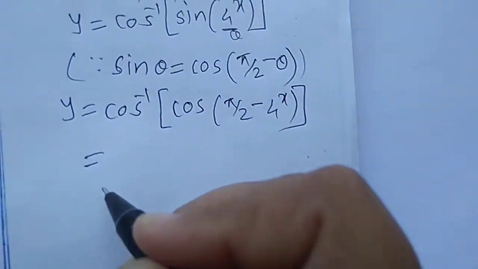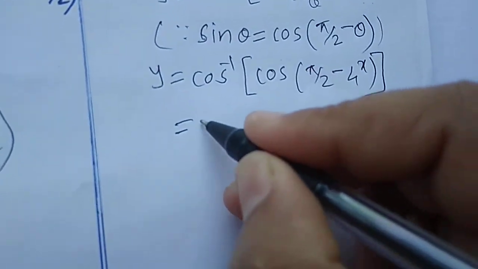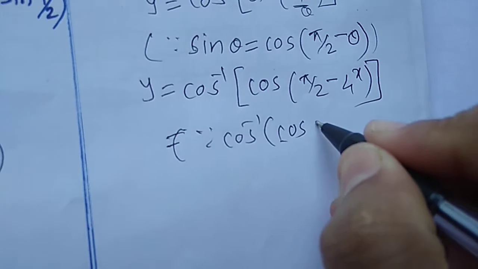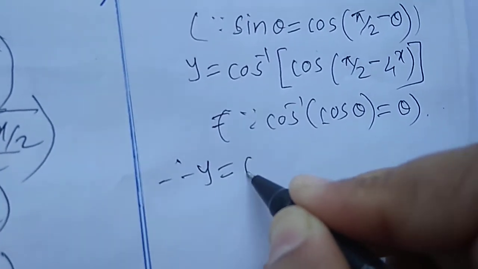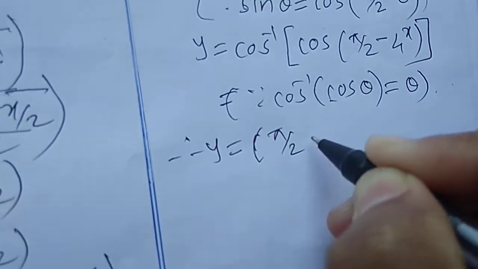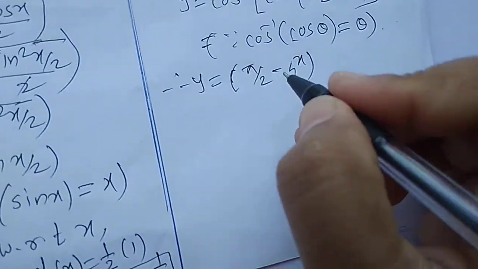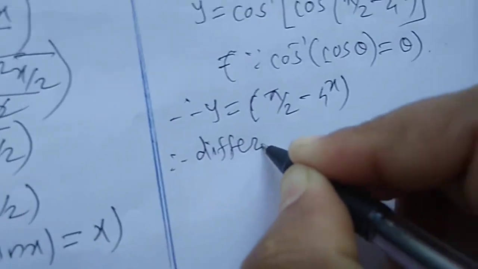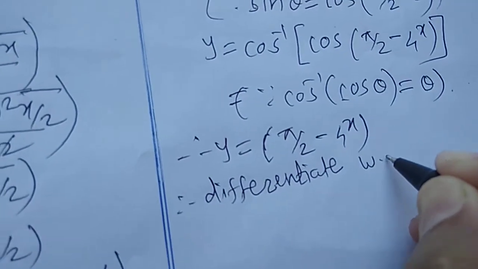And here again we have to use the inverse trigonometric function and its formula: since cos inverse of cos theta is equal to theta, therefore y is equal to, cos inverse and cos get cancelled, and we will get pi by 2 minus 4 raised to x. Now y is a function given in variable x, therefore differentiate y with respect to x.